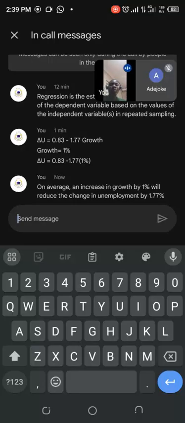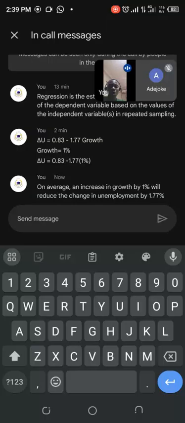Yes, you understand? But tó bá jẹ́ pé ẹ kàn sọ pé on average an increase in growth by 1% will lead to a minus 1.77% change in unemployment. But if you are using the language reduce to show that unemployment might fall, then the number kò gbọdọ̀ jẹ́ minus mọ́. So you just write the number the way it is.